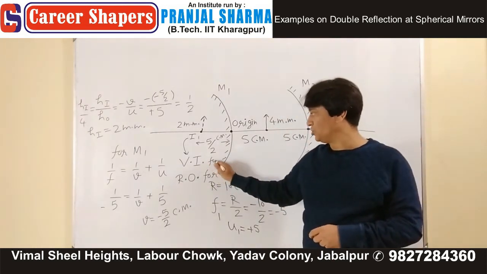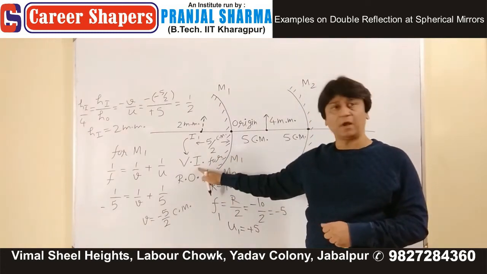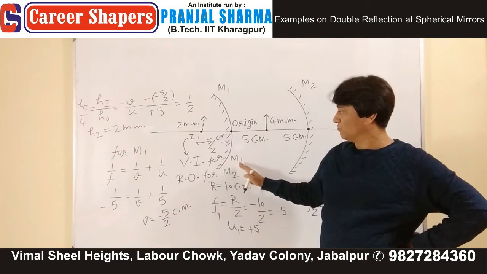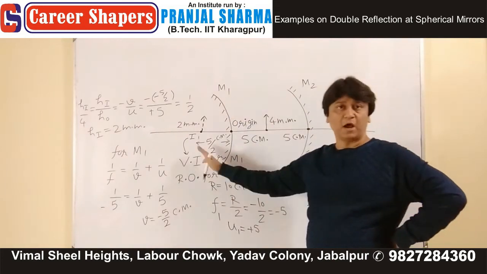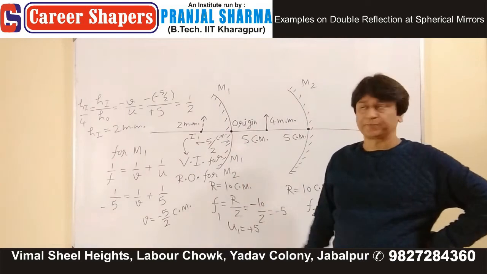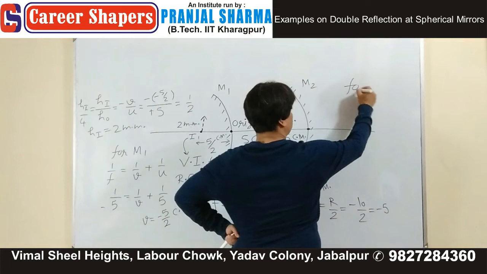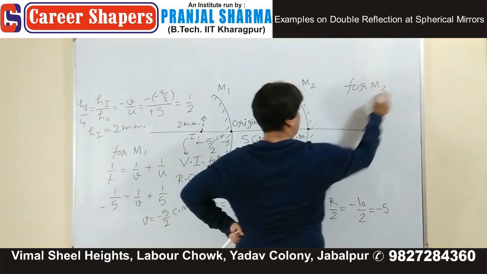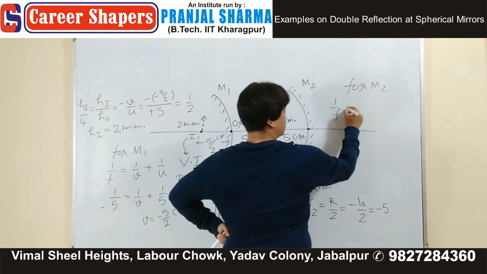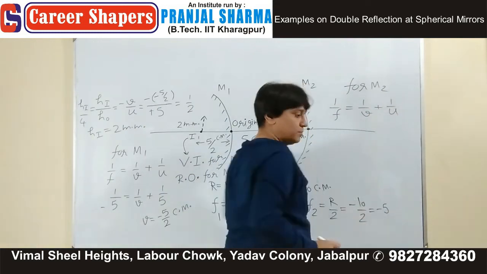Virtual image for M1. Behind. Real object for M2. Now, for M2, again use the same formula, 1 upon F equals 1 upon V plus 1 upon U.